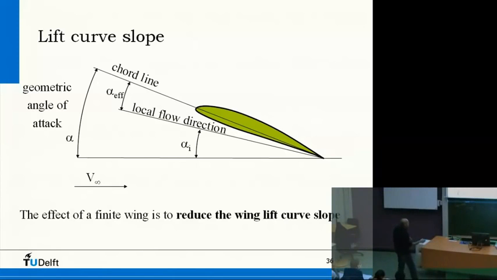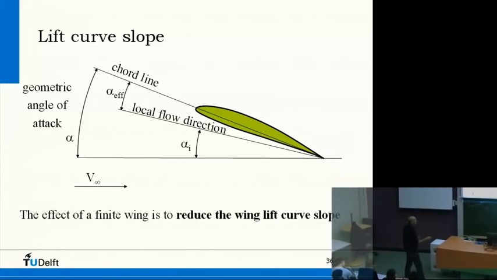What this airfoil effectively sees is this angle of attack. So geometrically, for the wing, this is the angle of attack. But what the airfoil sees, because of this vectorial addition, is alpha effective. So that's alpha minus alpha I.